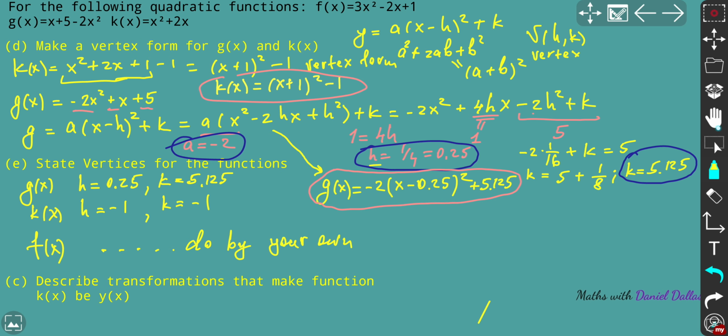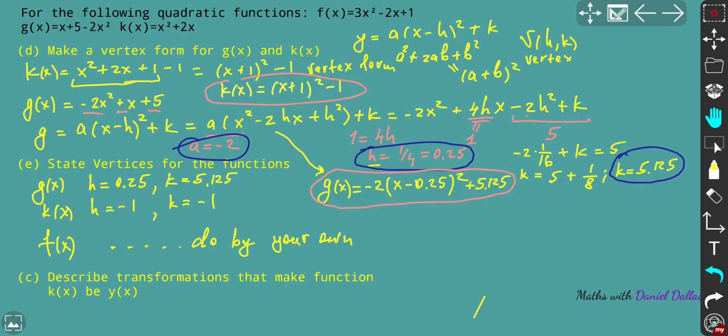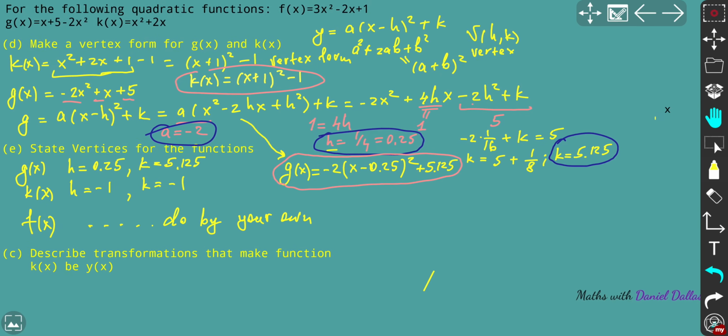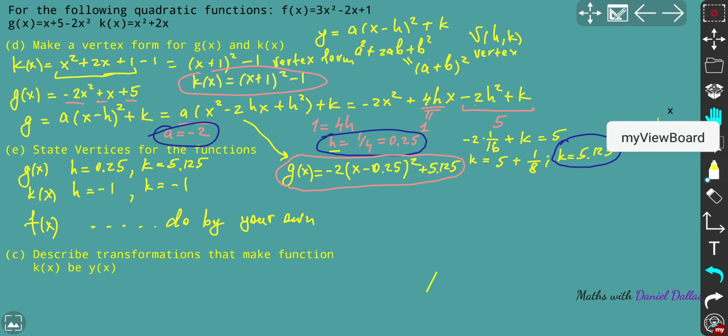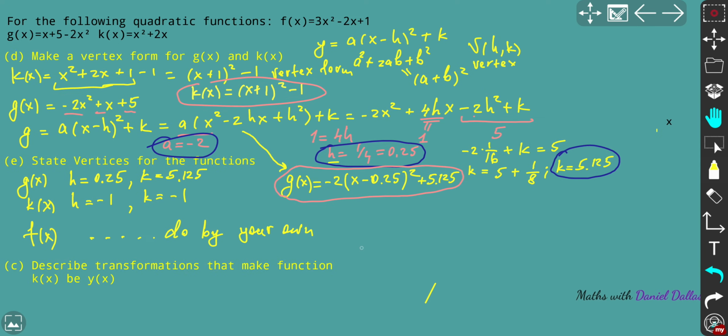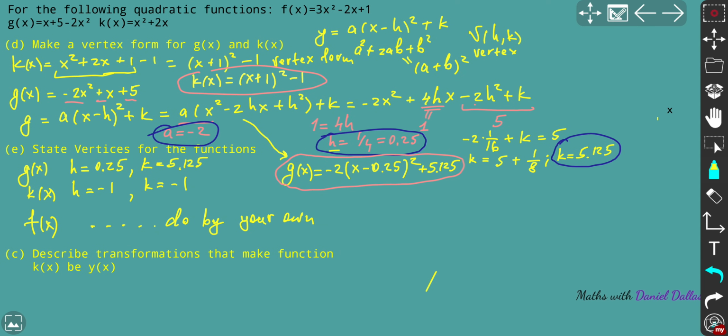So in other words, we need to describe which transformation or transformations occurred during converting k of x, so we need to understand how k of x becomes g of x.